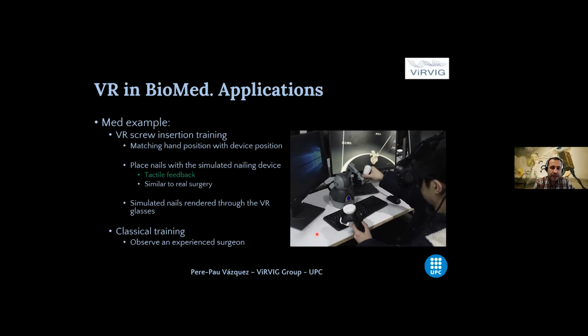And once they have this calibrated, the user can start practicing by placing nails into the target positions with tactile feedback and image feedback that lets them know whether they are placing the screw in the proper position or not. And they compared taking a set of novice surgeons with this training. Well, this training is not the only training they do.